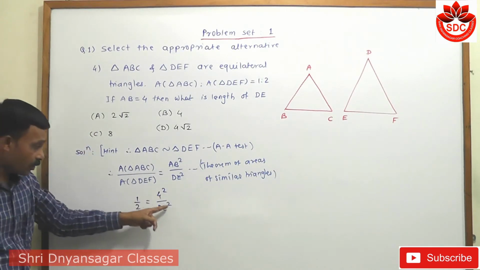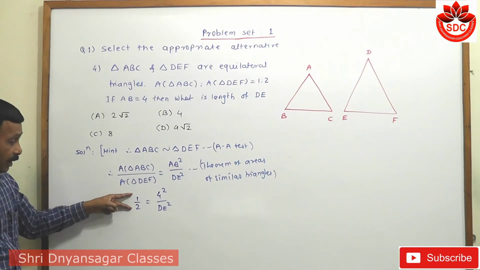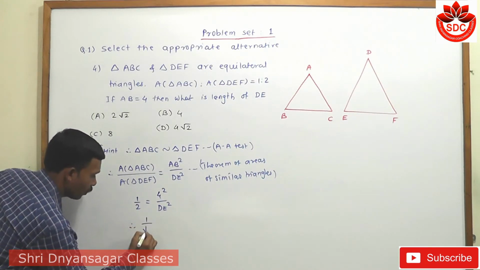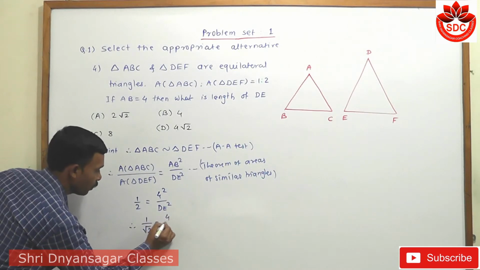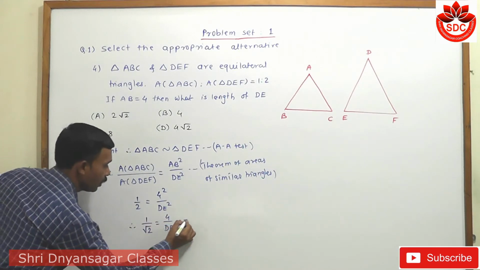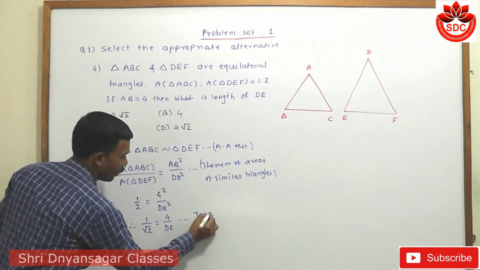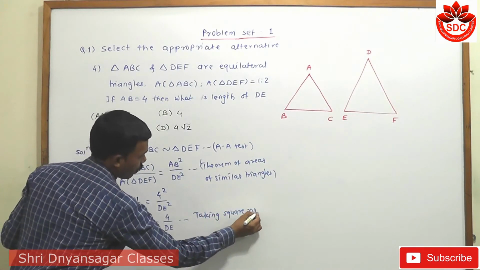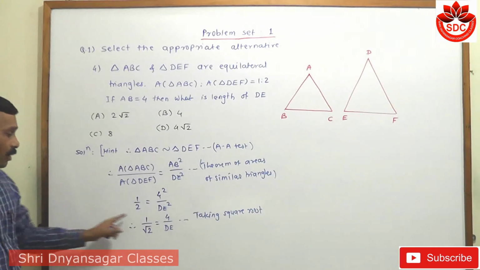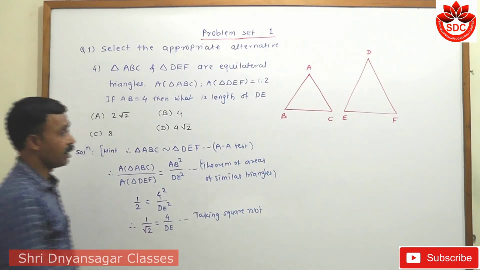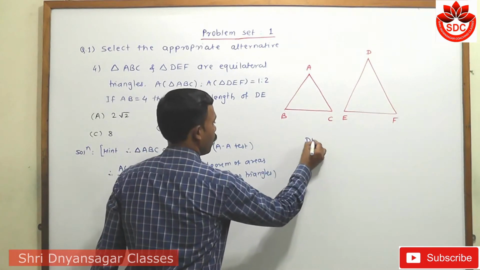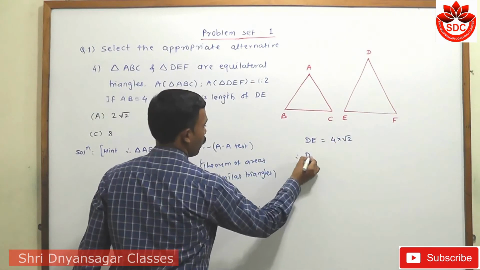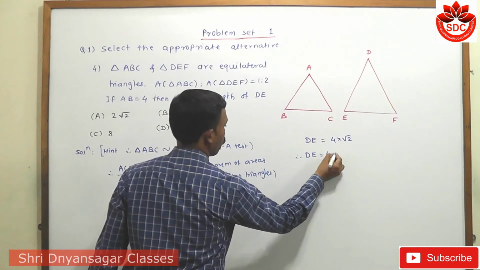Then since square is on both sides, we can take the square root of both sides, so we get 1 upon root 2 is equal to 4 upon DE. Okay, then by cross multiplication, 1 into DE is DE, which is equal to 4 into root 2, meaning DE is equal to 4 root 2.